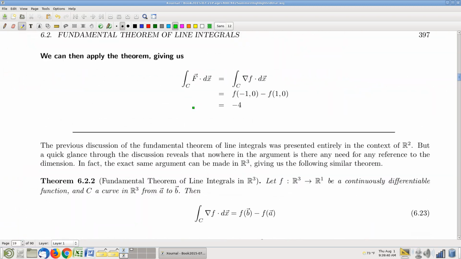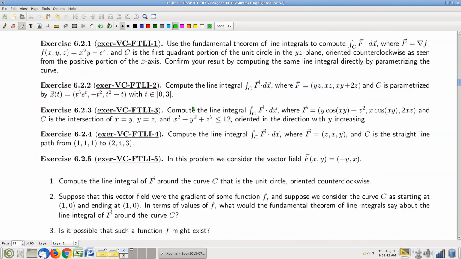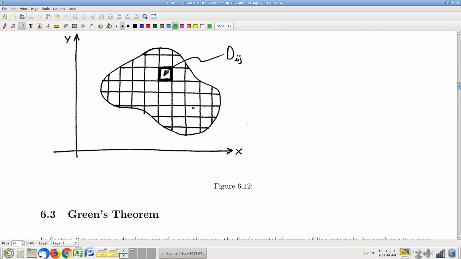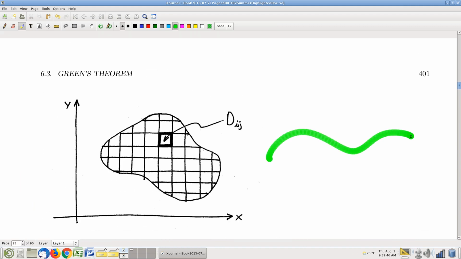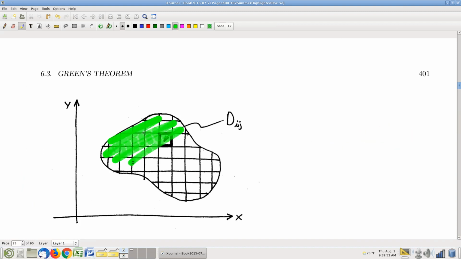Okay, so does something like that hold for this very different situation? Instead of having a curve that I'm chopping up into pieces, what if I take this region, this two-dimensional region, and chop it up into little pieces? Do the boundaries accumulate?